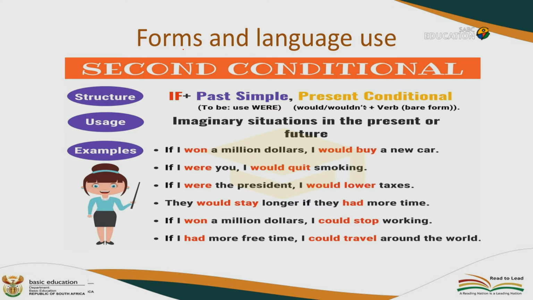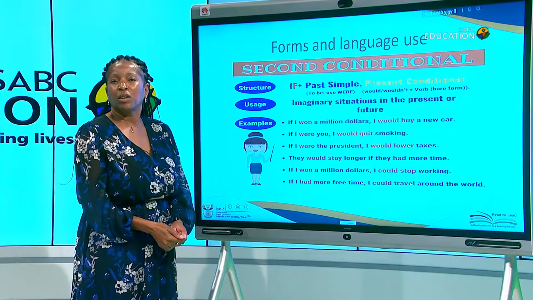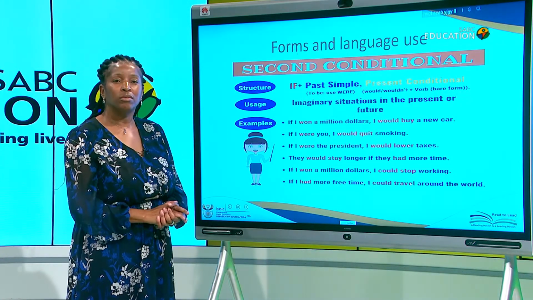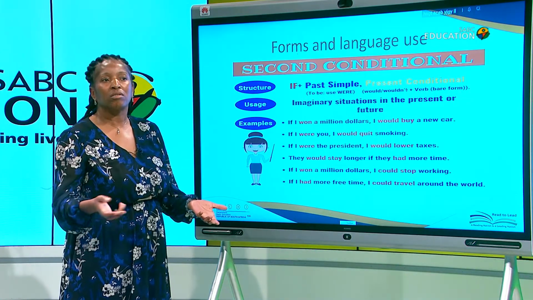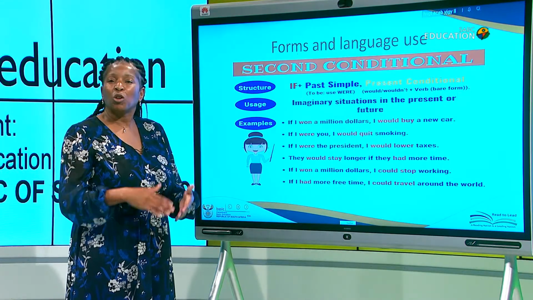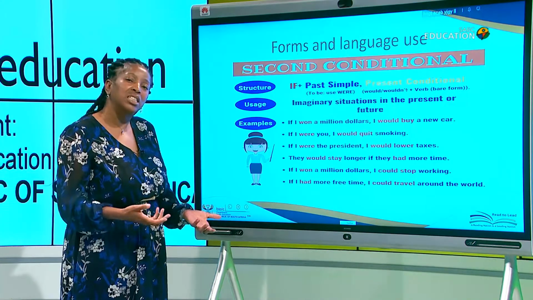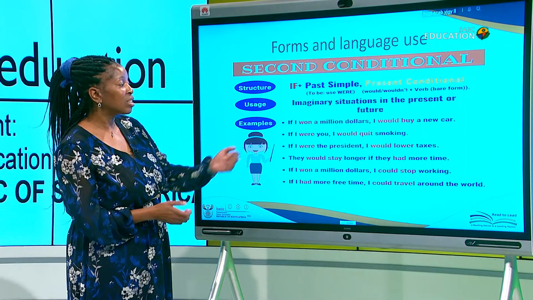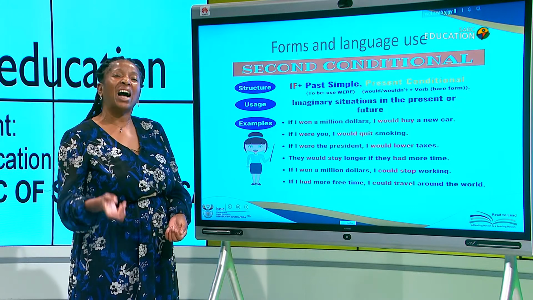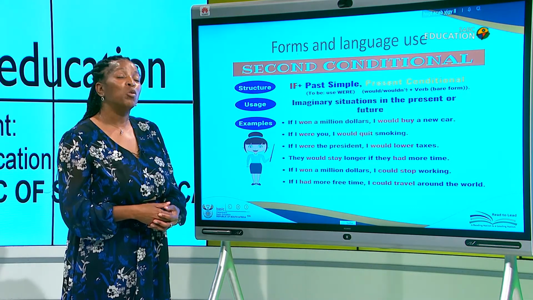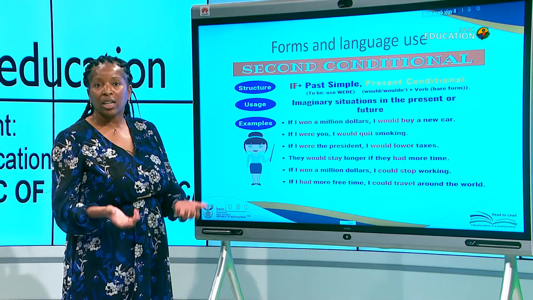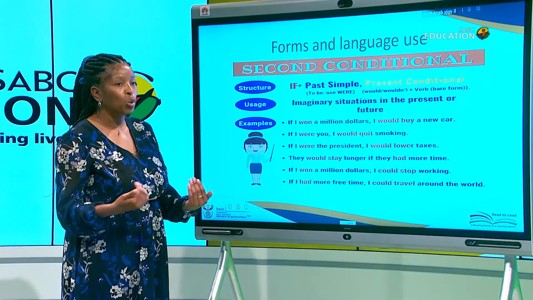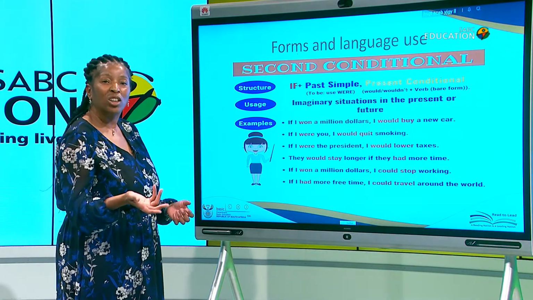For example, sometimes when I look at someone and I envy them, I will say, if I were you, I would also drive a Mercedes. But because I'm not you, it's an impossibility. It can't happen. So this is what a second conditional is. Let's look at some of the example. If I were the president, I would lower taxes. Now, can you be the president right now? No. So it is something that is hypothetical.